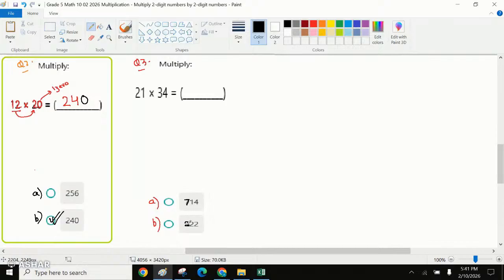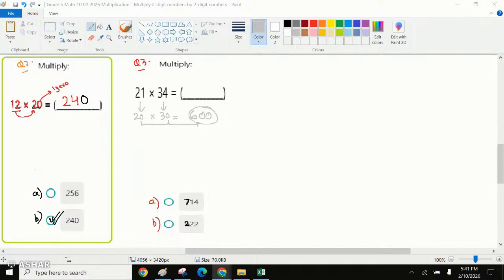Let's say if this number was 20 multiplied by 30, there are 2 zeros, and 2 multiplied by 3 was 6. That means if we are rounding off these numbers, the answer would be 600. But if we take the original numbers, then the answer should be more than 600, right? We're just trying to estimate.